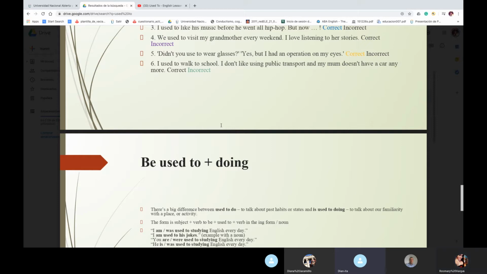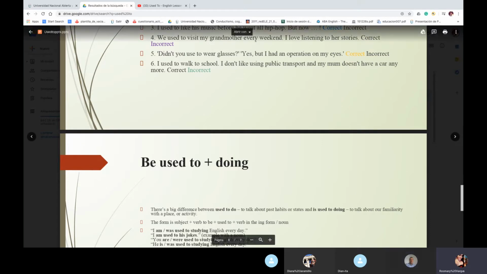You cannot use "used to" in present. Used to is for something in the past that we stopped doing. But she's talking about the present, every weekend. So she continues doing it. So it's wrong to use "used to".